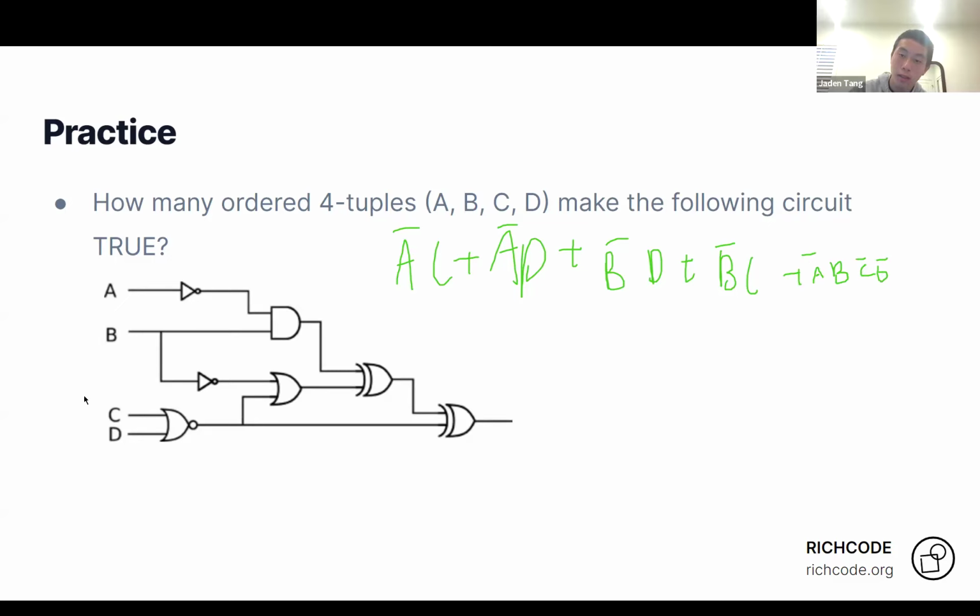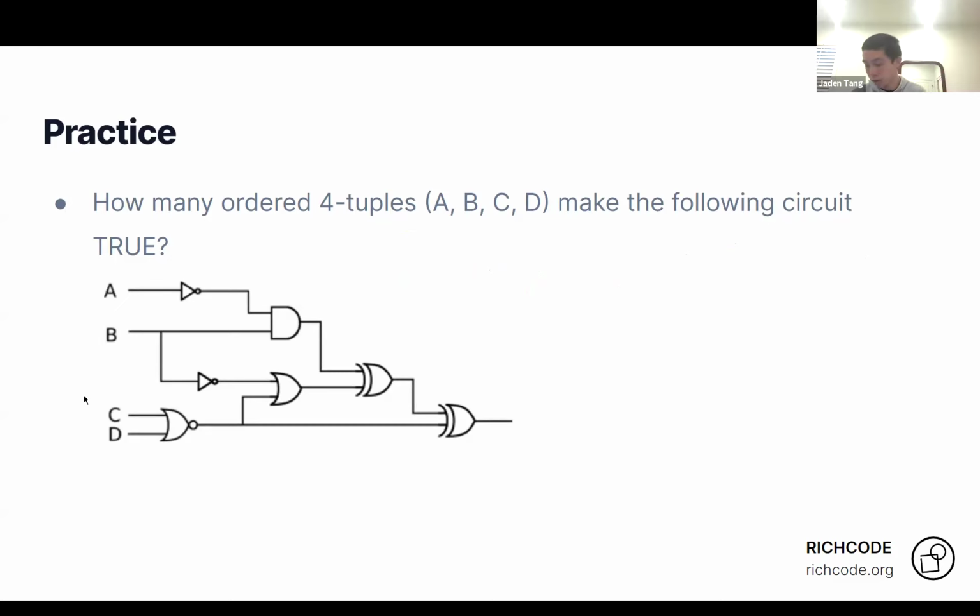So the way to do this would just be to list out every single A, B, C, D tuple, which you would only have 16 of.